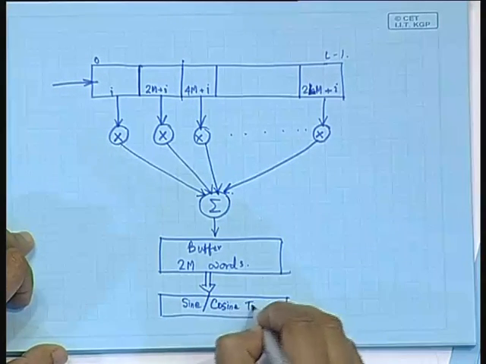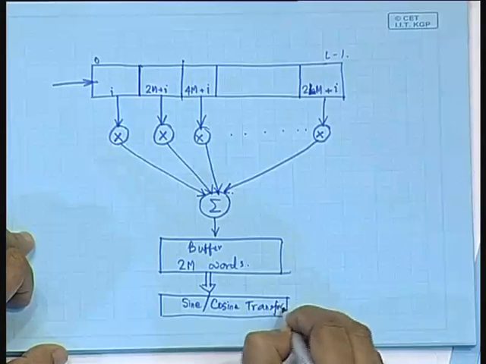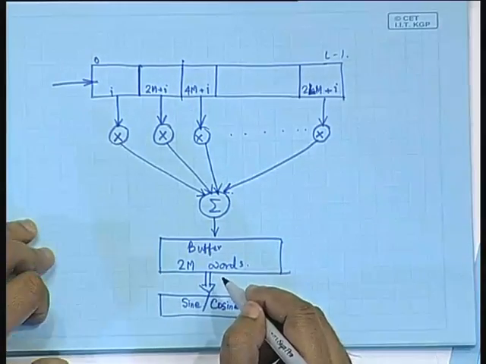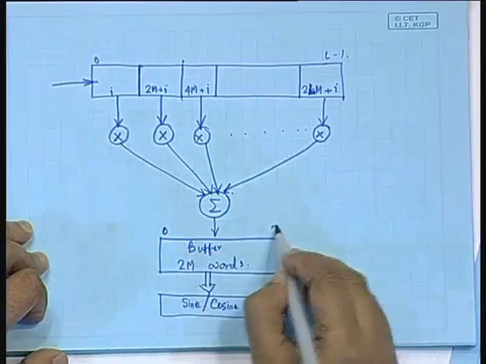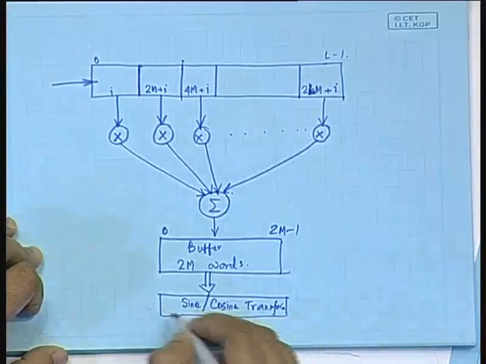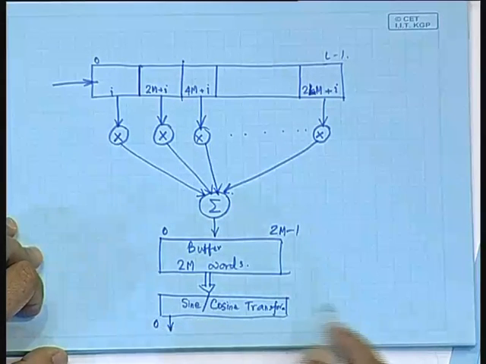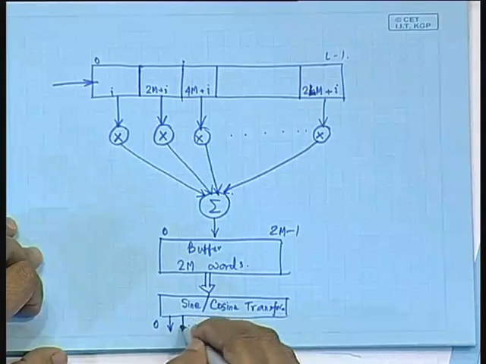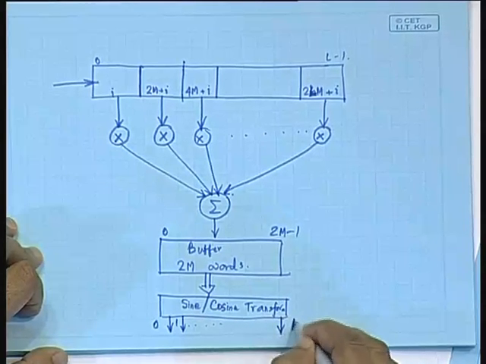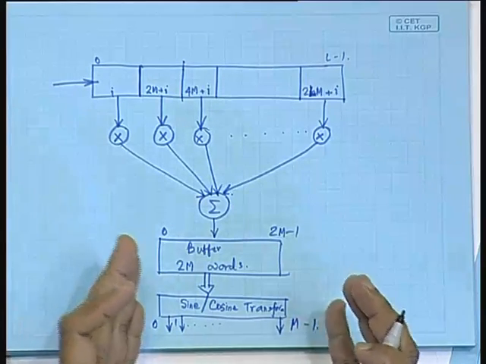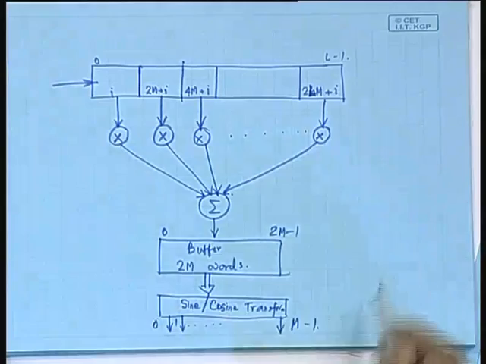So, this is the sine cosine transform block, and there with 2m samples as input designated as 0 to 2m minus 1, we will be obtaining m sample output from the sine cosine transform block or the MDCT block. So, this is 0, 1 up to m minus 1. Okay. So, these samples are the frequency domain samples that we are obtaining by windowing and sine cosine transform.